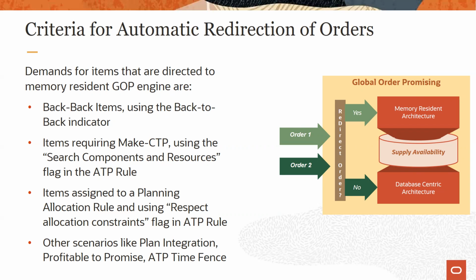Items which are assigned a planning allocation rule and use the respect allocation constraints parameter on the ATP rule. And some other scenarios which include plan integration or profitable to promise and ATP time frames and so on.